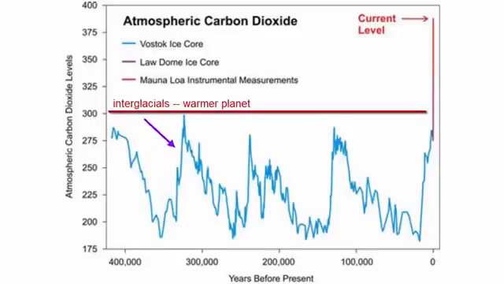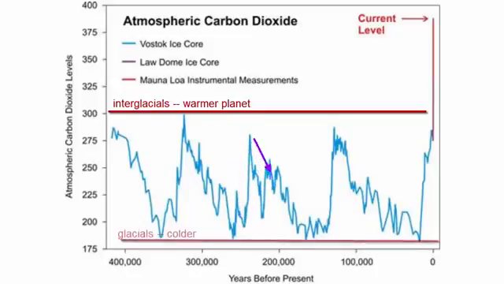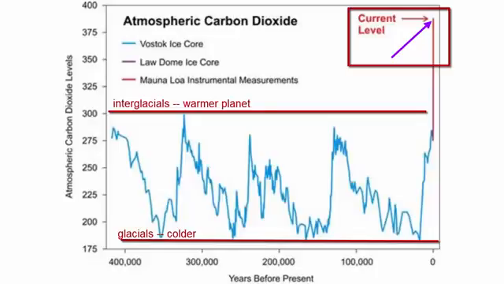The high points on this graph represent the interglacials, when the global temperature was at its warmest. The low points show the glacial periods, when as much as 30% of Earth's land surface was covered by glaciers. This graph is useful for showing the recent increase in carbon dioxide and how it compares to Earth's recent past.